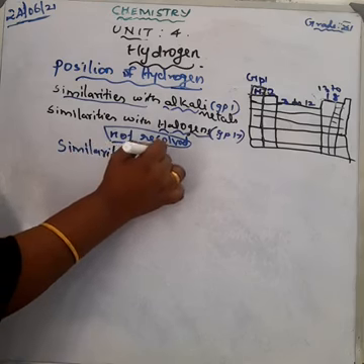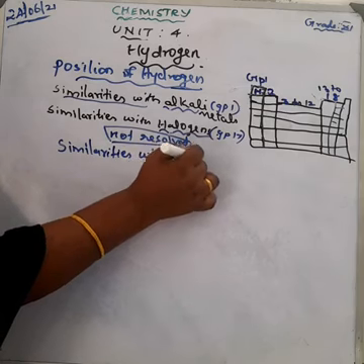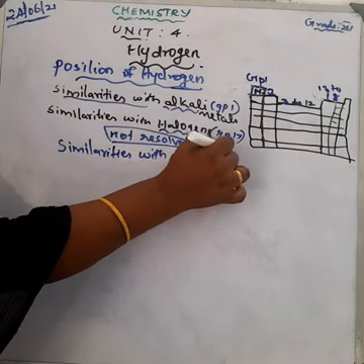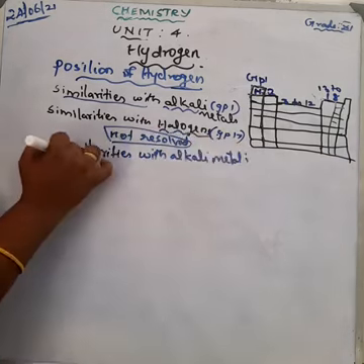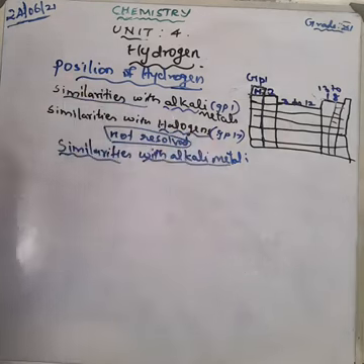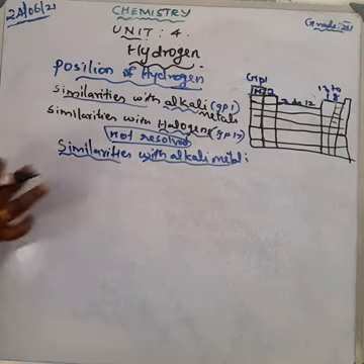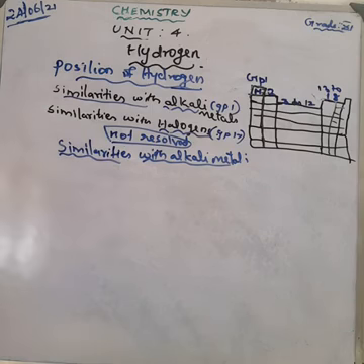What characters and properties of the hydrogen atom are similar to alkali metals? Now we are going to study. What are the characters?